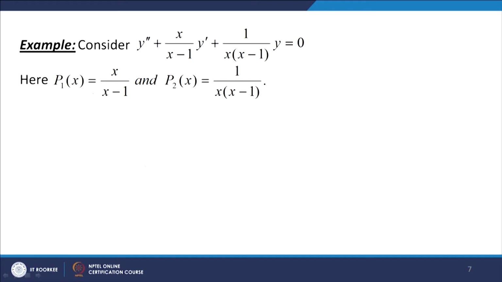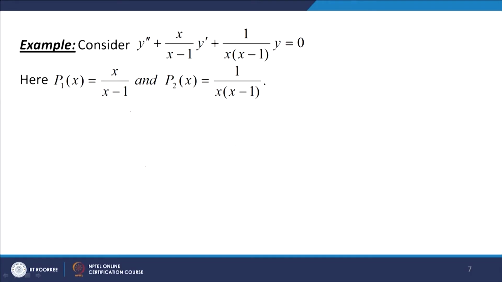In the case of p2(x), every point other than x equal to 0 and x equal to 1 is an ordinary point. This function p2(x) is analytic about any x other than x equal to 0 and x equal to 1. So, the equation has ordinary points other than x equal to 0 and x equal to 1.